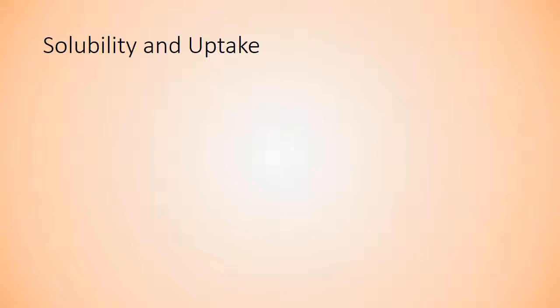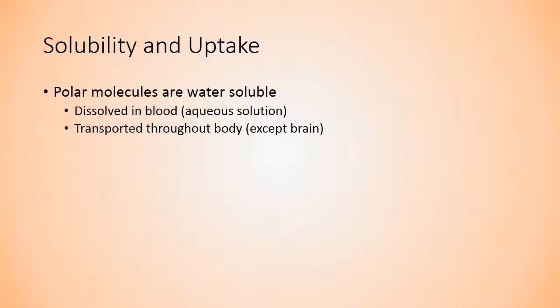The last one we're going to talk about is solubility and uptake of compounds. As we know, polar molecules are water soluble because water is polar. Therefore, if our drugs are polar, they're going to be able to be dissolved in our blood because our blood is an aqueous solution. And it's going to get transported throughout the entire body except the brain, because the blood-brain barrier is high in lipids.